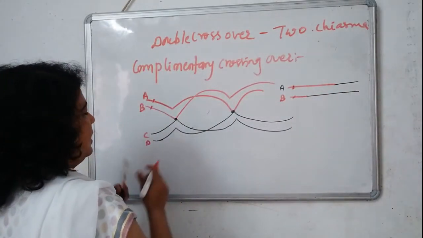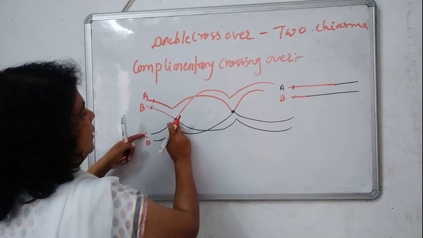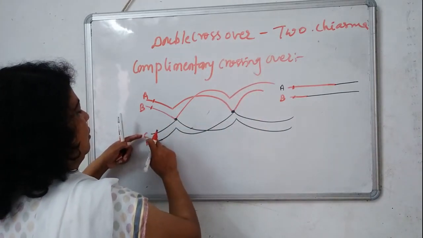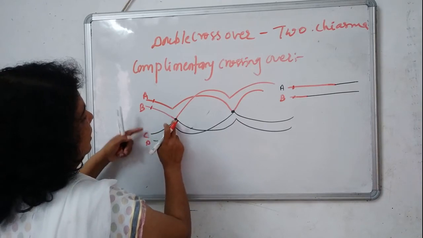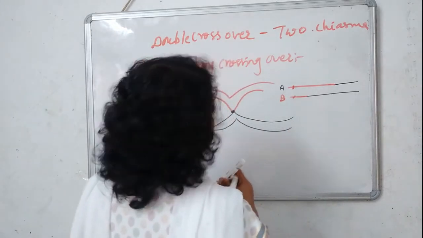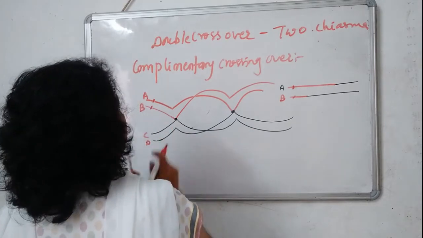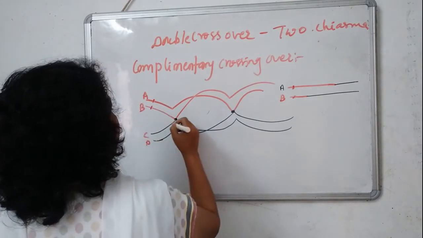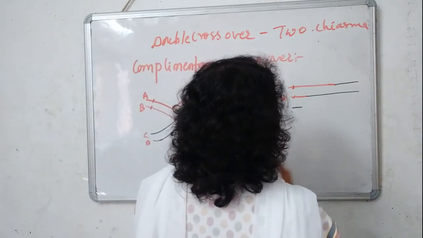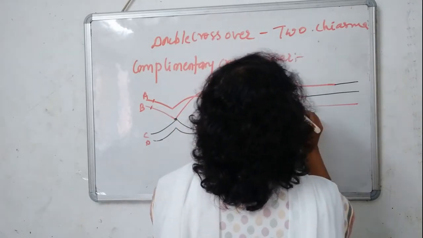Then the third one, C, has the small black and the long red.